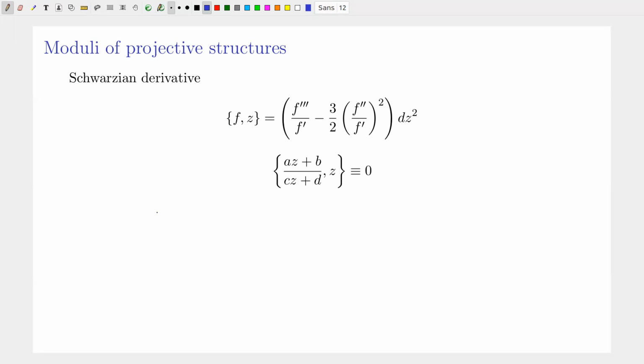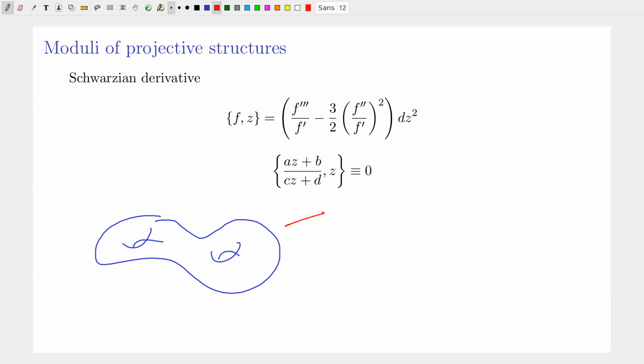If you have two projective structures on a given curve, let me put one in one color, and then let me give a chart of this projective structure. And I have a different projective structure, say in green.